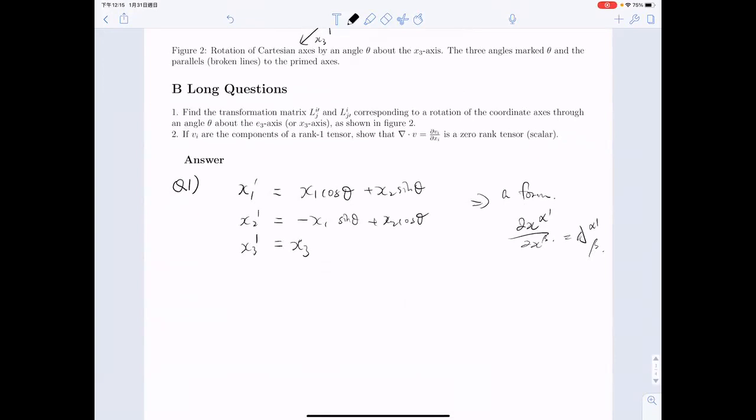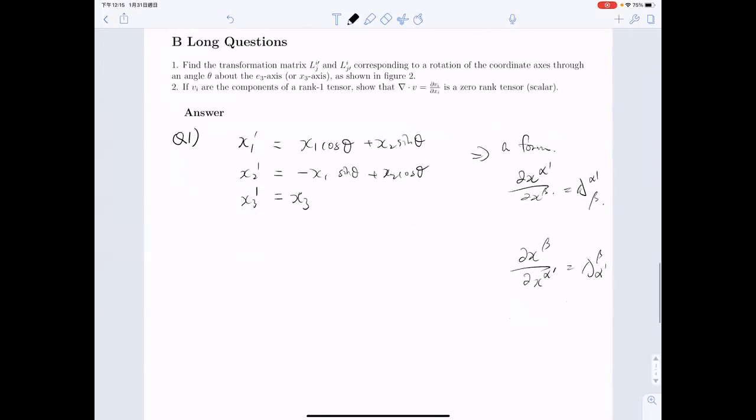Of course, we can invert it to see whether the inverse coordinate transformation would be the partial of x beta unprimed over the partial of the primed system.